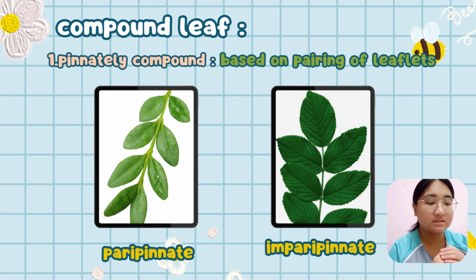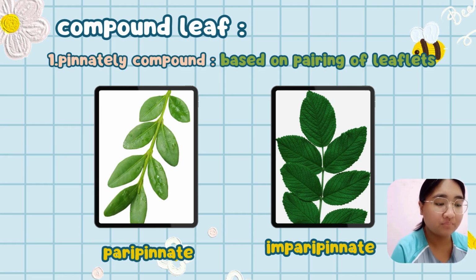The first picture is paripinnate, or even pinnate. Paripinnate has leaflets evenly paired with no terminal leaflet, with two leaflets opposite each other. For example, tamarind and sesbania.